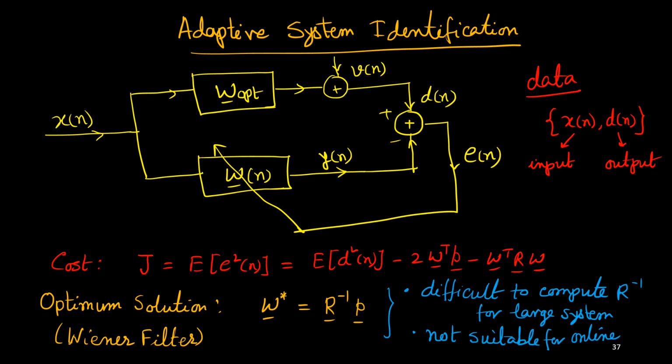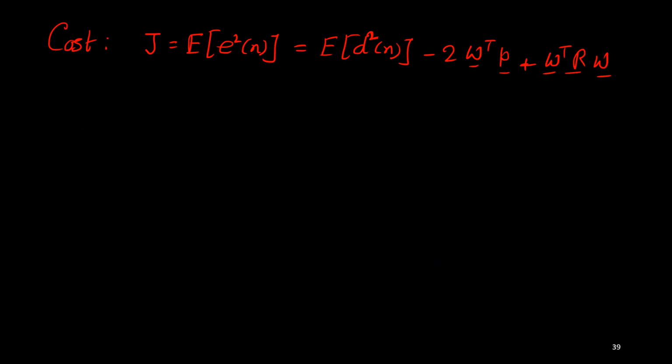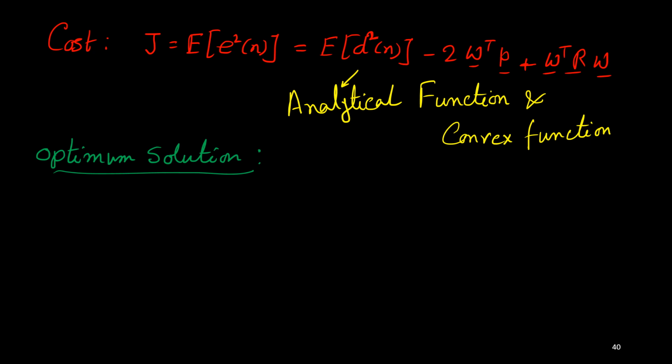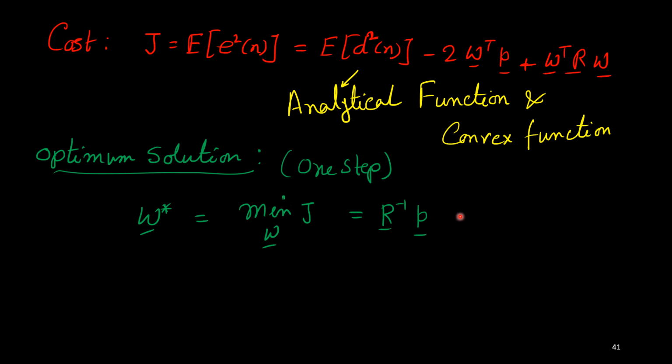So we want one iterative algorithm which will give us this optimum solution W star, that is equal to R inverse P. This is the cost function: J equals the expected value of d square n minus twice W transpose P plus W transpose R W. It's an analytic function, and we also assume that it is a convex function and its optimum solution will exist. Its solution is given by R inverse P.